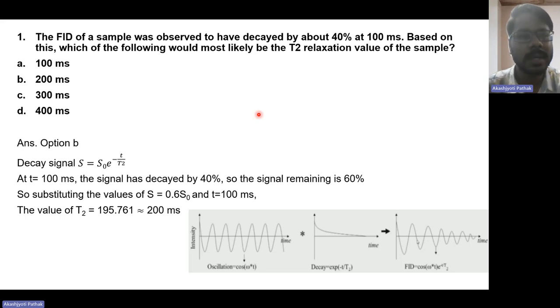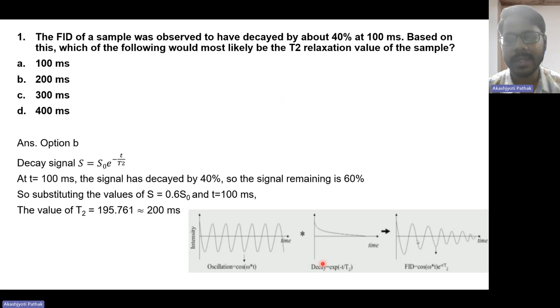So in this question, the FID of a sample was observed to have decayed by about 40% at 100 millisecond. Based on this, which of the following would most likely be the T2 relaxation value of the sample? Now, you see this figure. There is a decay of the signal. Once this RF pulse is removed, the spins will start relaxing and they will move to the z-axis.